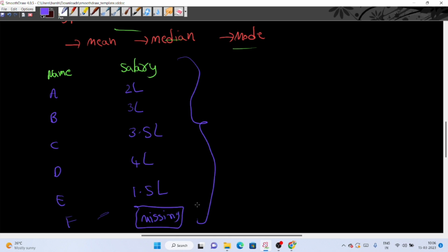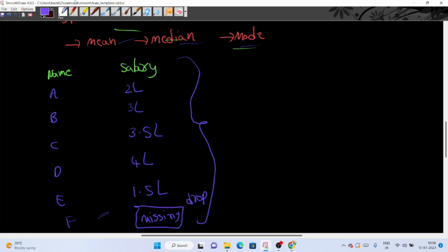If it is missing, one thing we can do is we can directly drop the data of the person F and continue our process. But if we want to replace the missing value with something else, then we may use measures of central tendency to do our work. So in this we have mean, median, and mode.